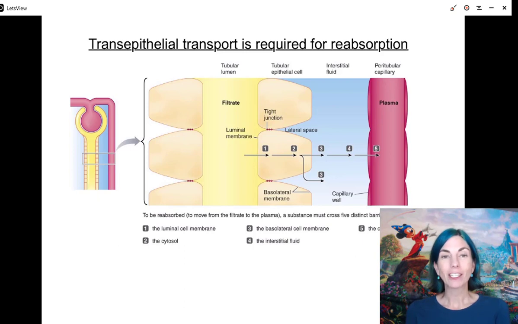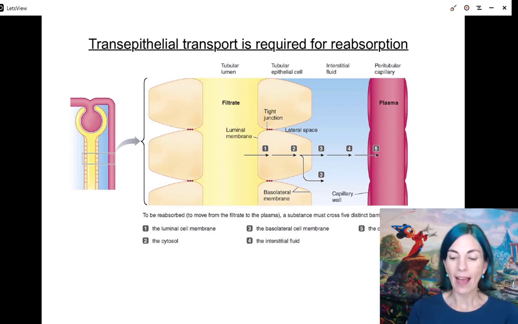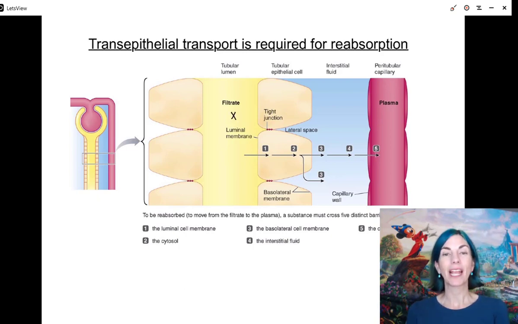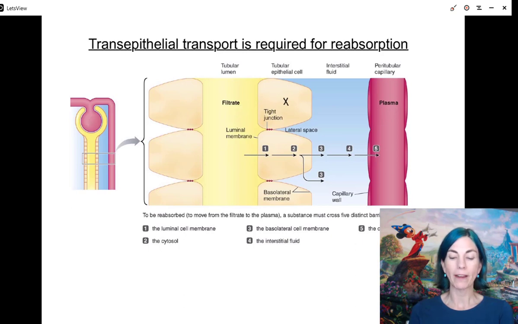In fact, the process of reabsorption is a multifaceted process. So let us say that I have some substance X that is in my filtrate and I want to reabsorb it. What do I need to do? Well, the first thing I need to do is move it into one of these epithelial cells here.